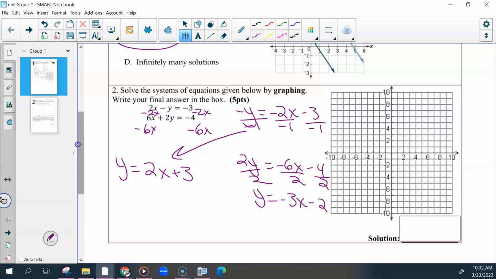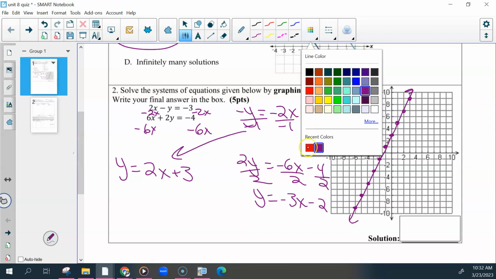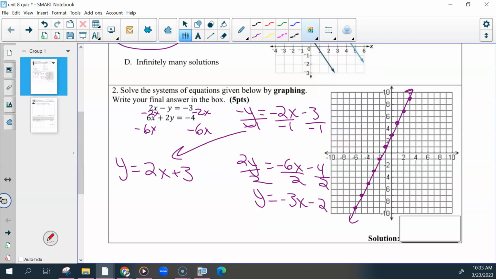Solving both equations were both worth 1 point. Graphing both equations correctly were also both worth 1 point. That was your 2x plus 3, and then your other one starts at negative 2.